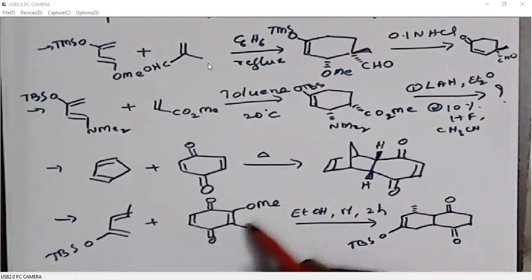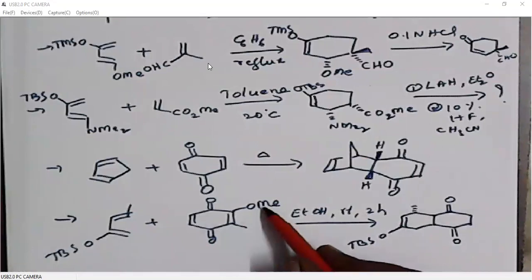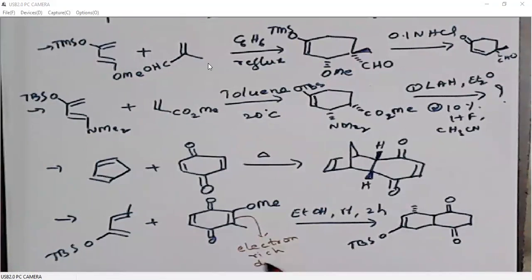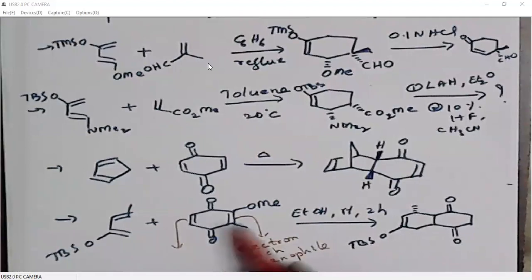When we look at the substituents, O-methyl group plus M group, methyl group plus I group. So it is an electron rich double bond. So I'll write dienophile. It is an electron rich dienophile. Whereas this one, I wouldn't say electron poor, but it is comparatively so.